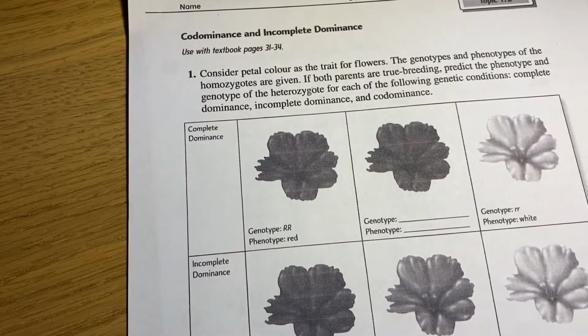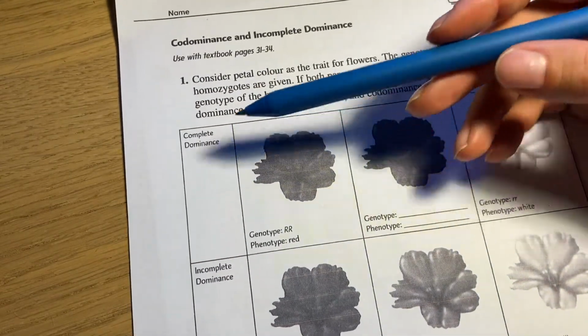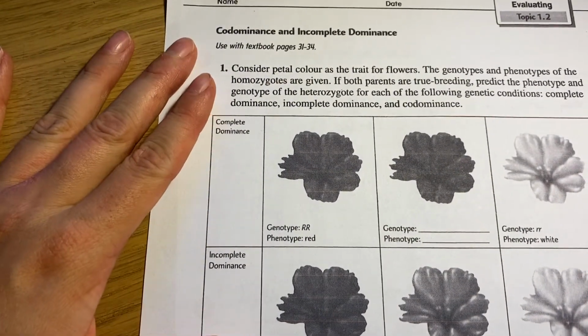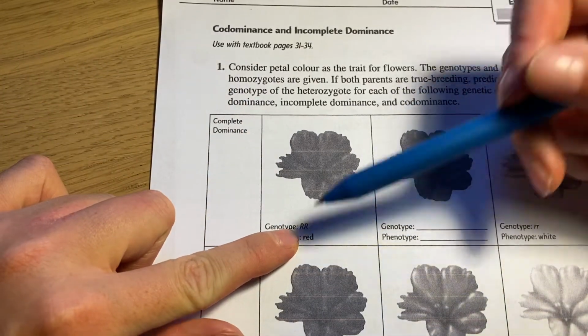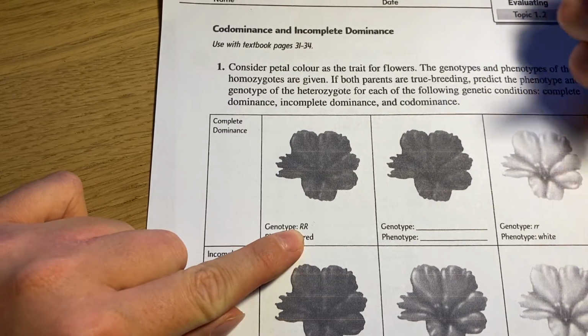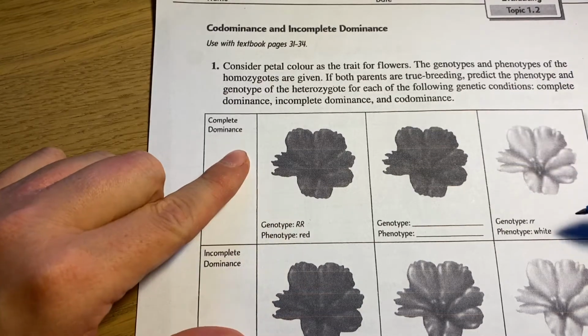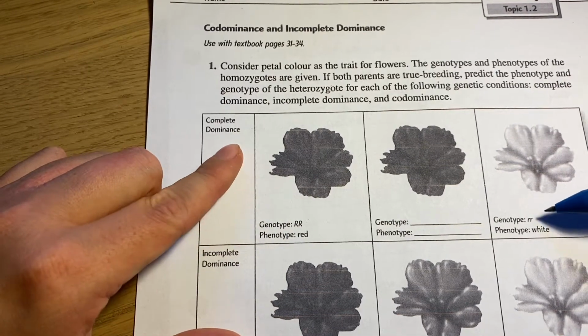Okay. So far we have been learning about something called complete dominance. This is also called Mendelian traits or dominant recessive traits. But this is where you have one allele that's dominant to the other. So in this case, red with a capital R is completely dominant to a white flower, which has the allele little r.